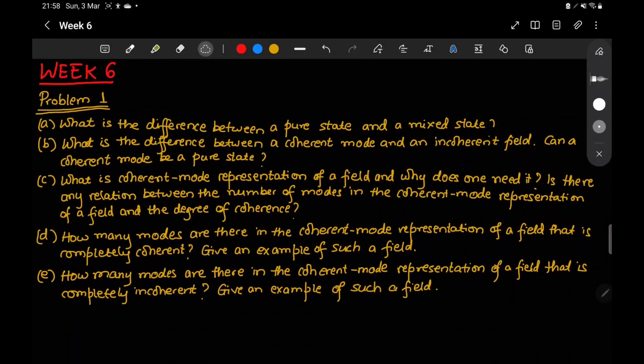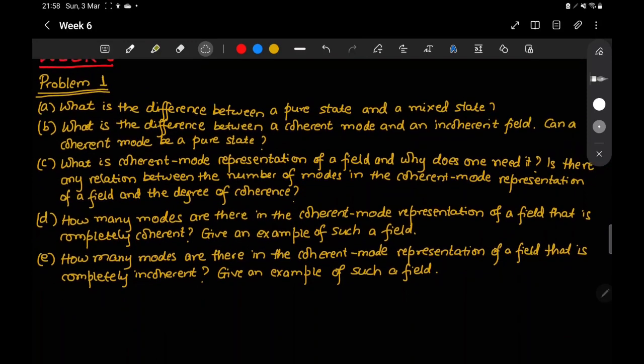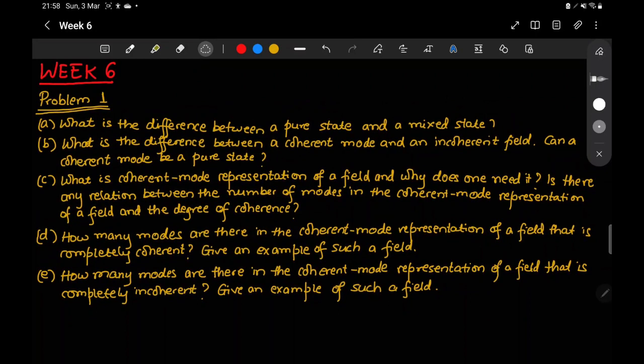Okay, so now we move on to the next set of problems. This is the problem set for week 6. Let us start with the first problem. What is the difference between a pure state and a mixed state?